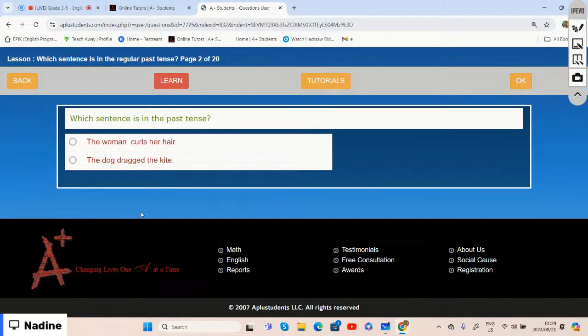So the woman curls her hair, option one, or option two, the dog dragged the kite. We need to choose the regular past tense.